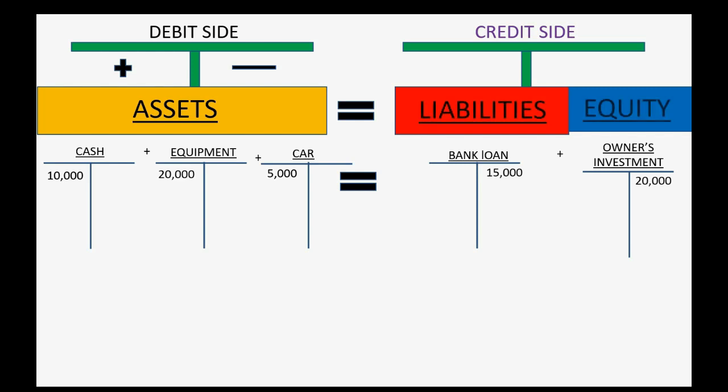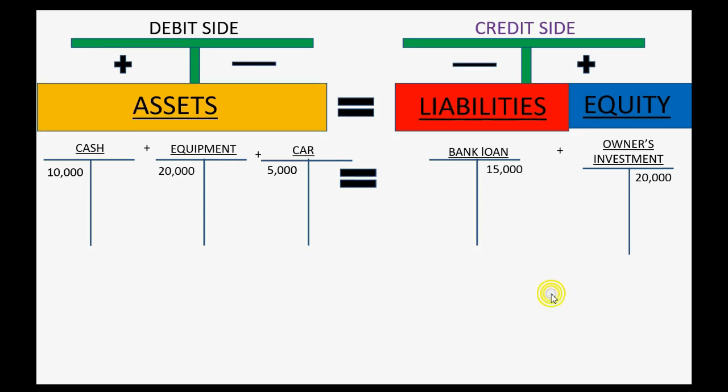And of course, for liabilities and equity, the idea is the same but the exact opposite. Since they're listed on the right side of our accounting equation, we could say that they normally have credit side balances. And in the rare occasion where we have to put a minus to one of these, we would put that on the debit side of that liability or that equity account.